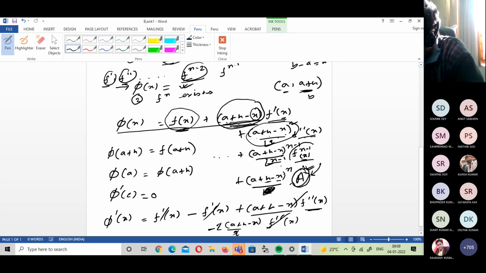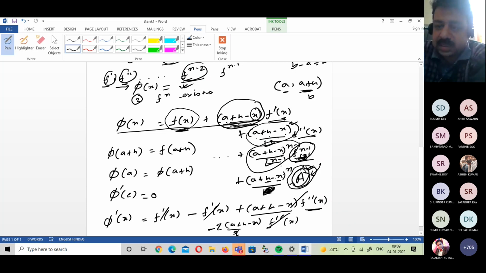If this is converted to f n, a plus h minus x to the power n minus 1 by factorial n, this portion is unchanged. If it is f n, then in the next term there is no term to cancel f n.